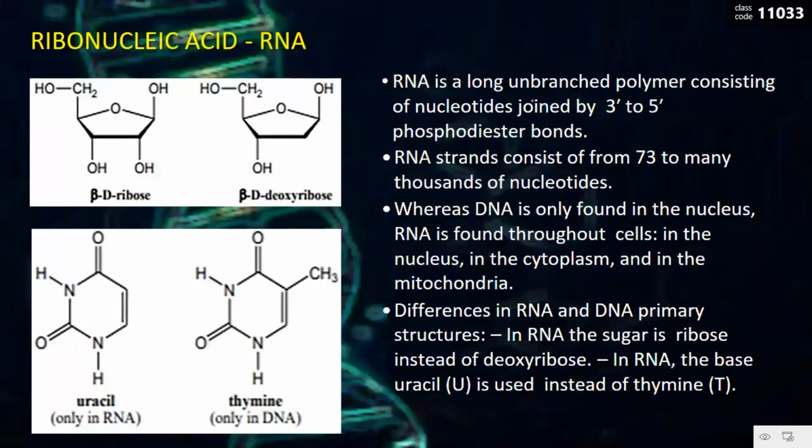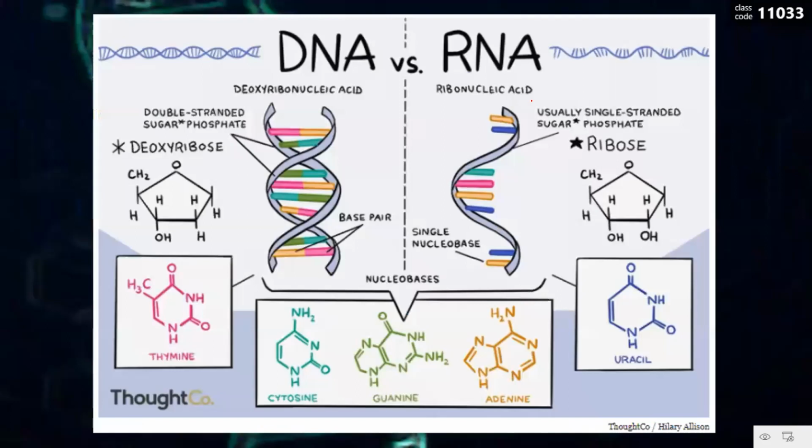Okay, so here is the summary of differences between DNA and RNA. Number 1, our DNA is double-stranded. There are 2 strands. If you look, it has two ribbons. So, this is double-stranded. For RNA, it is only 1 strand.